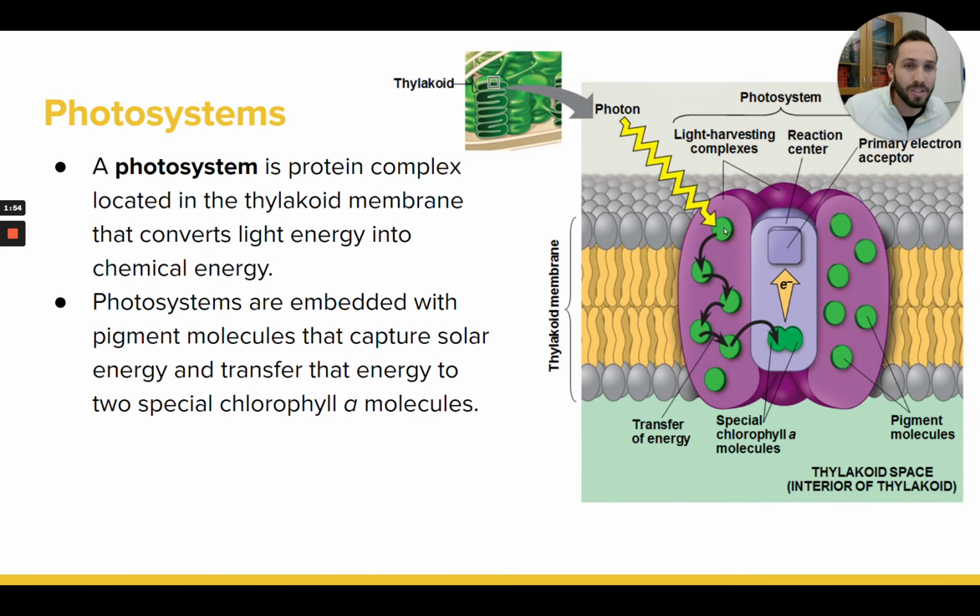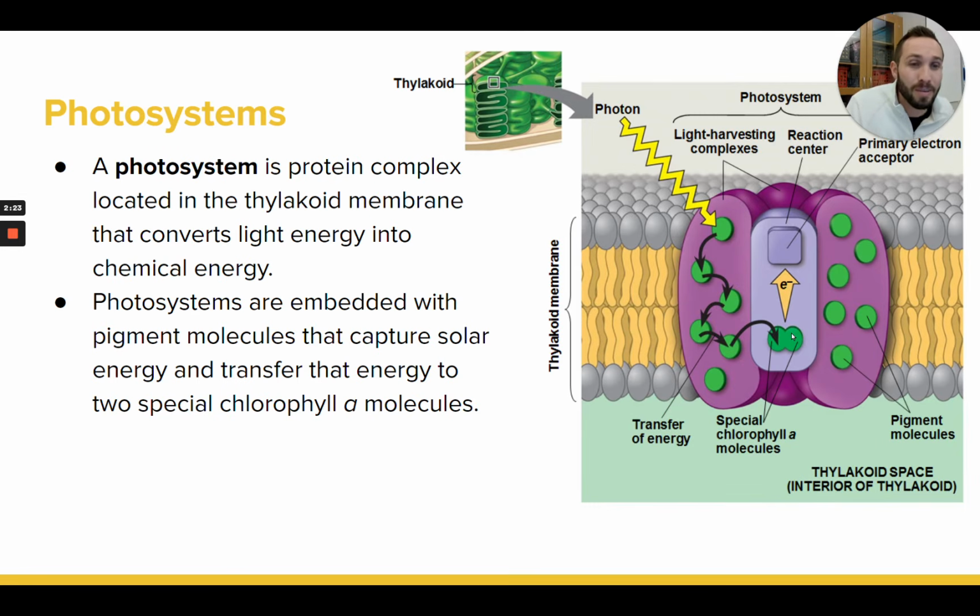And then all these pigment molecules take all this energy from light that they're absorbing and focus it in on these central pigment molecules, which are a special set of chlorophyll A molecules, where all this light energy is going to be focused. So they're going to take all that energy and focus it to these central pigment molecules here.